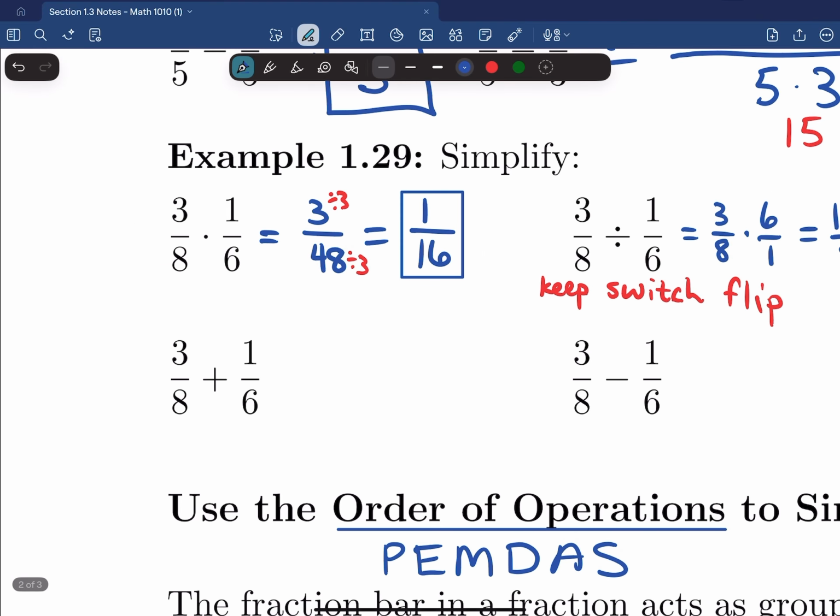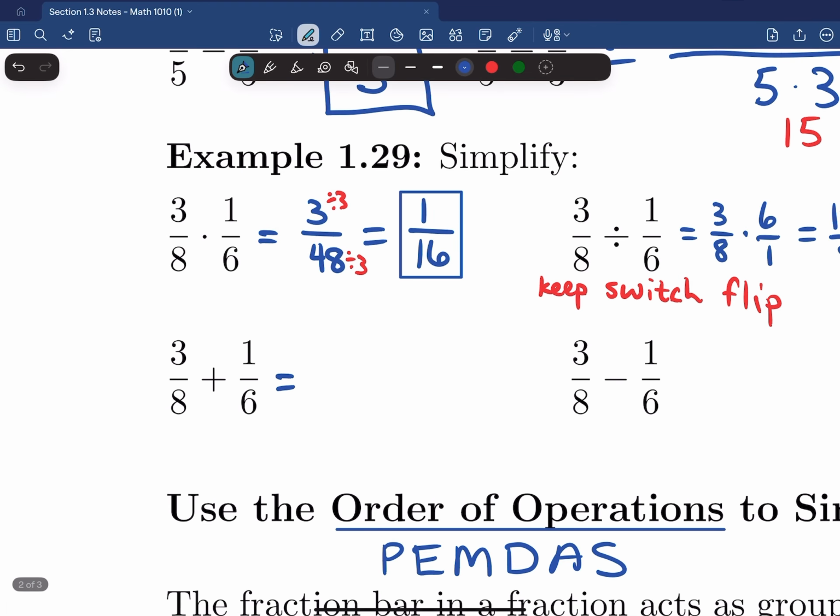All right, let's practice some addition of fractions. When I see two different denominators, unlike denominators, then I'm going to take 3 times 6 and then add it with 8 times 1 and divide by 8 times 6.